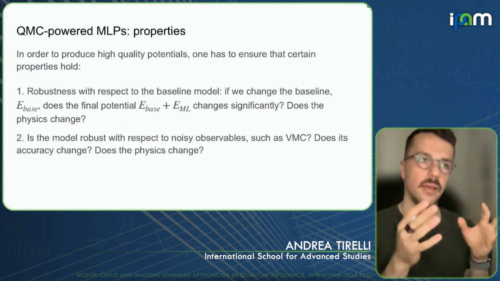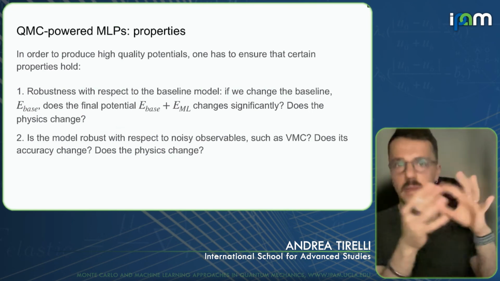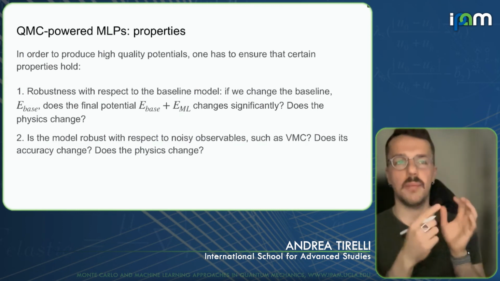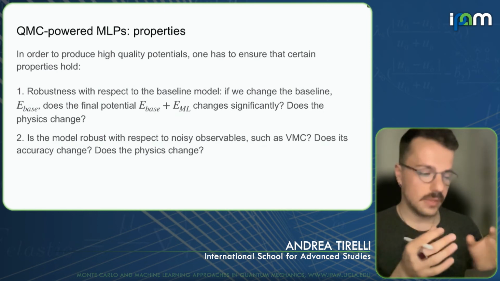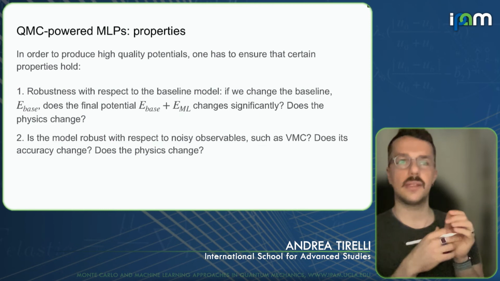While tackling a difficult problem, or in general, while tackling any problem in this kind of framework, one has to ensure that the model that one uses in this context passes some sort of sanity checks.